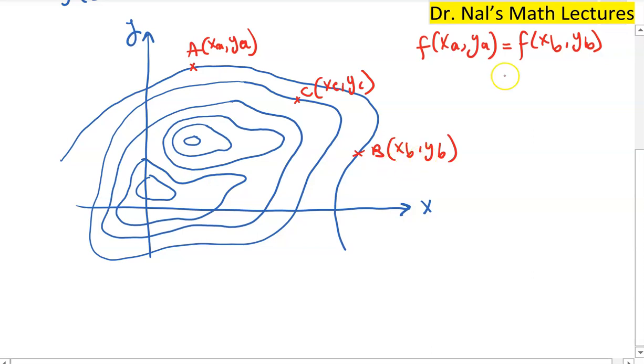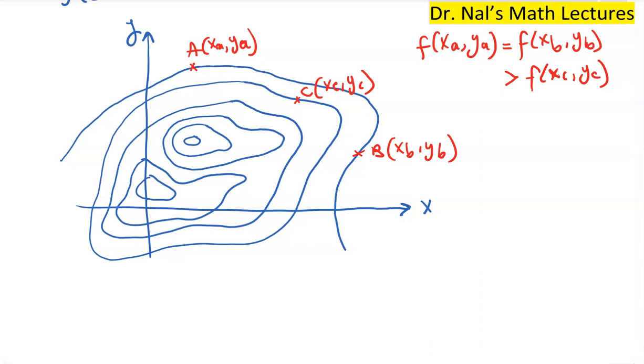However, these two numbers would be strictly greater than f of xc, yc. Does that make sense? So the goal is to find the minimum value, and because the level curve at the very bottom is somewhere here, the minimum point would be inside that.